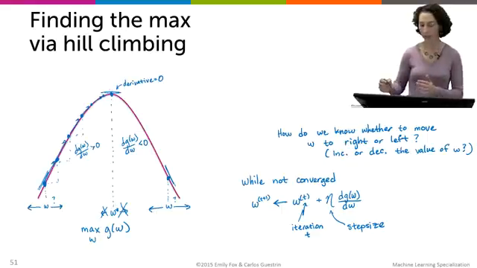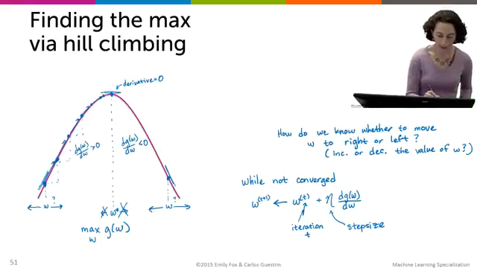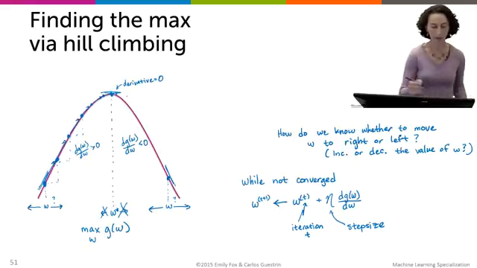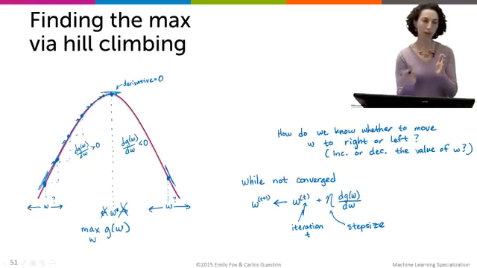And so if I assume that eta is just some constant, we'll get back to this in a couple slides, but if I assume there's just a fixed step size, then I'm going to be decreasing how much I'm moving as I get to the optimal. And if I end up on the other side of the optimum, then the derivative there is negative.